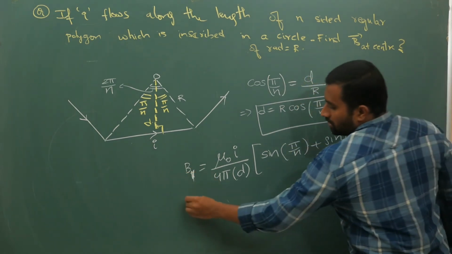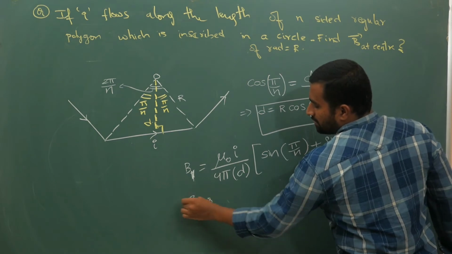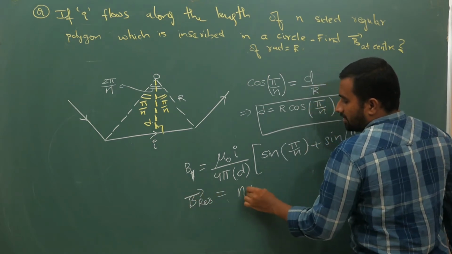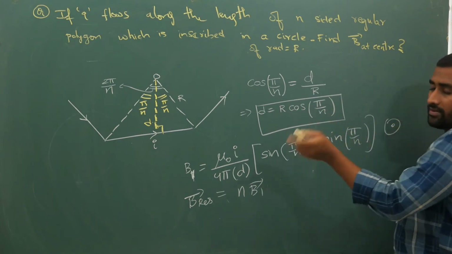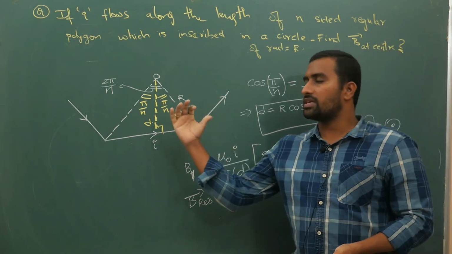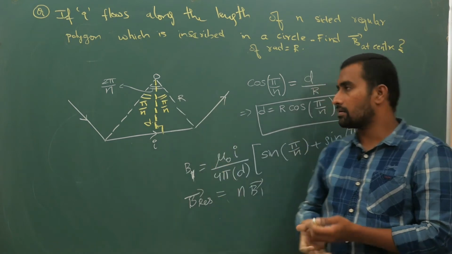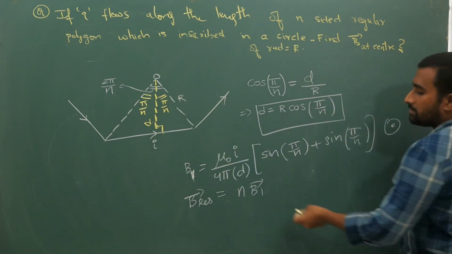Now your resultant magnetic field B resultant is n times B1 bar, because each direction is out of the plane, because if it is going like this, it will be out of the plane at the center. So n times B1.